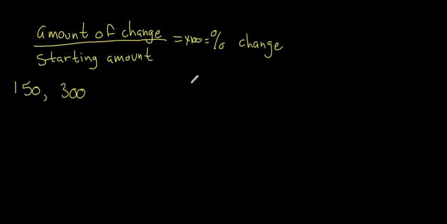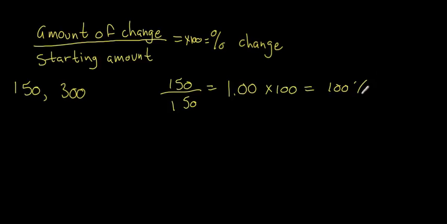The difference between these numbers is going to be 150, and the amount we started with is 150. That leaves us with 1. So 150 divided into 150 leaves us with 1, multiplied by 100 gives us 100%. So that is our percentage change.